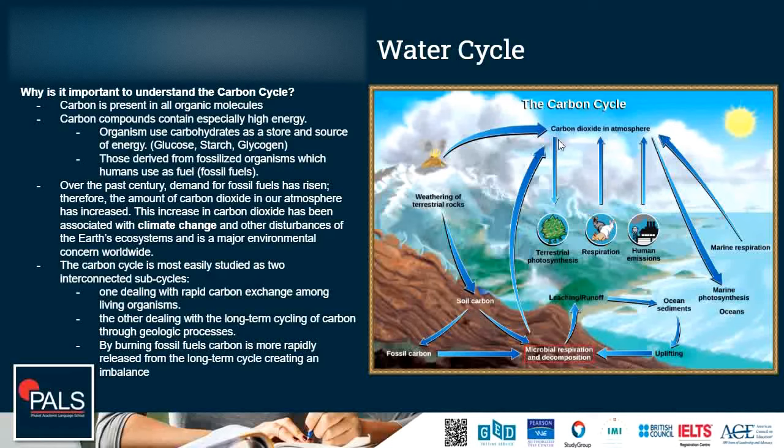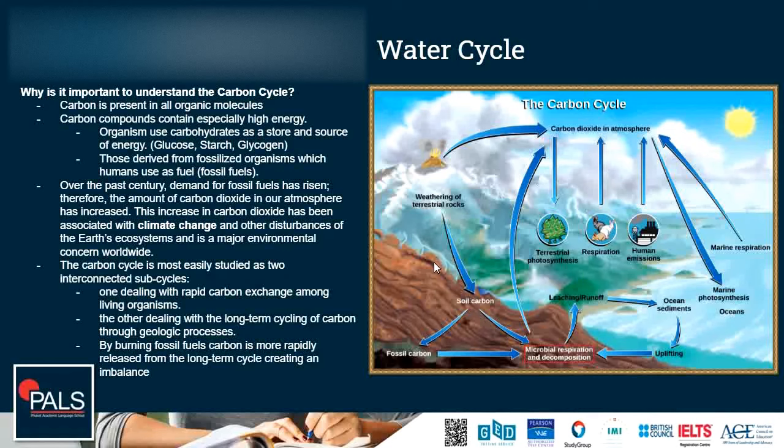So here we see the carbon cycle with carbon dioxide in the atmosphere, one reservoir of carbon here. Carbon is taken out of the atmosphere by photosynthesis of organisms, absorbing carbon, storing carbon. This carbon can be transferred to other organisms. All organisms do respiration, which releases carbon dioxide again into the atmosphere.